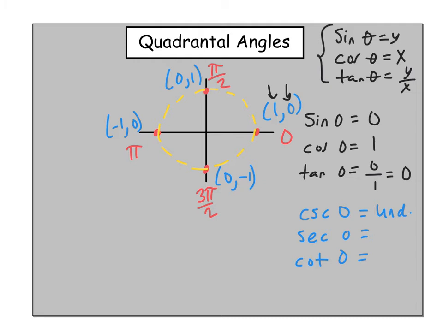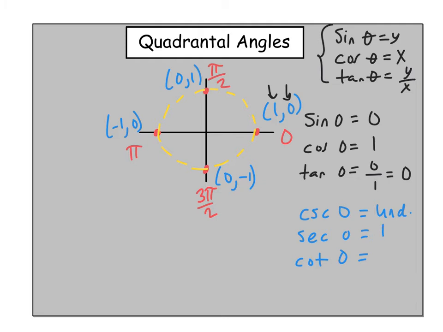Cosine, if we think about the actual coordinates, the cosine is the x-coordinate there. It's 1. So the secant will be the reciprocal of that. It'll be 1 over 1, which is still just 1.